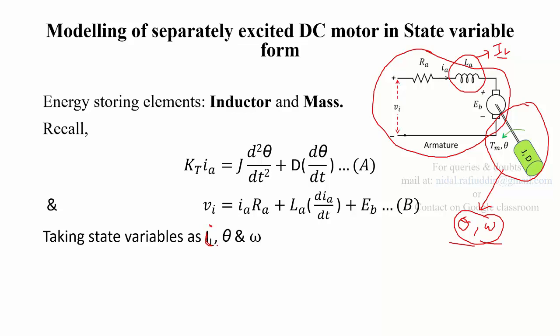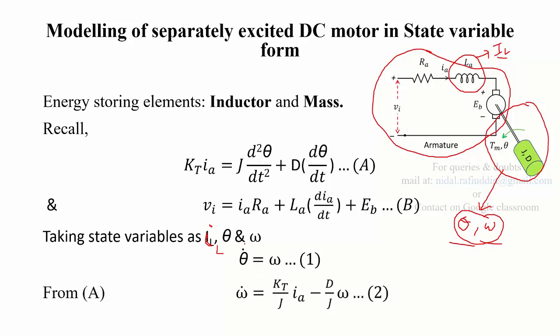So we obtain the first state change, theta dot equal to omega. Then we have omega dot, which is obtained from equation A. This part contributes omega dot, since this is angular acceleration, which can be written as omega dot, and this is omega.